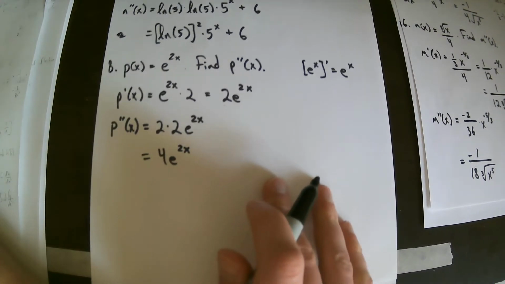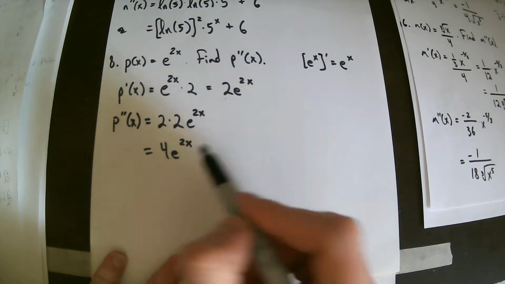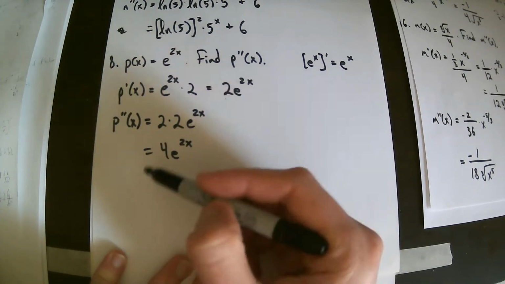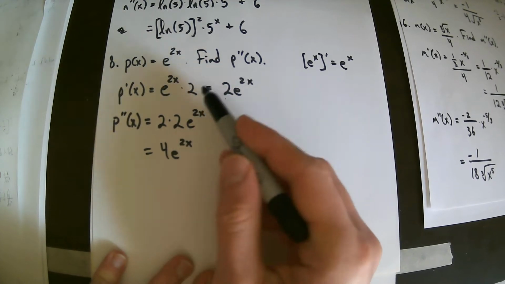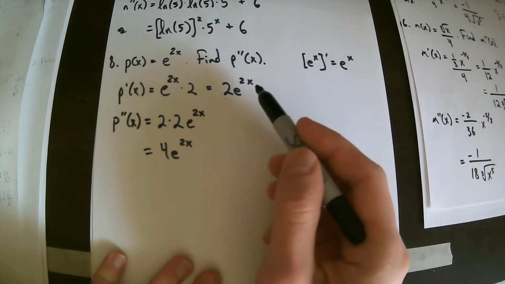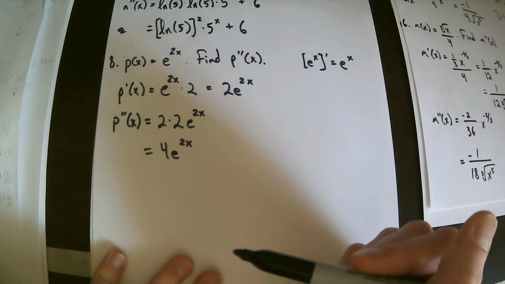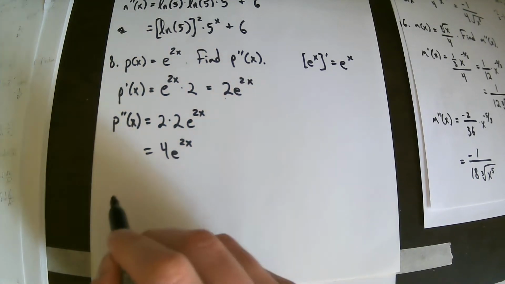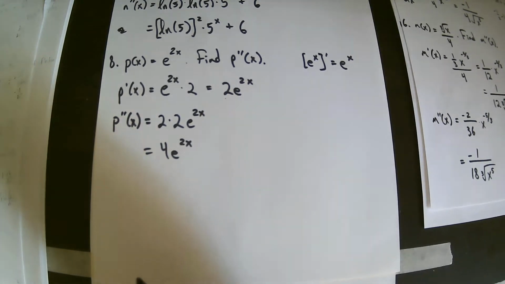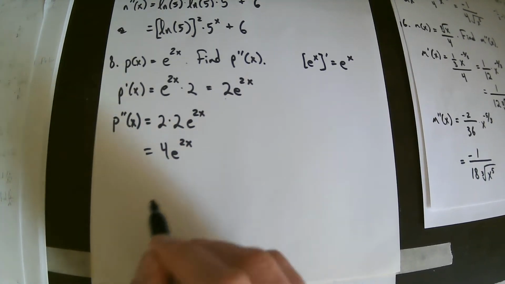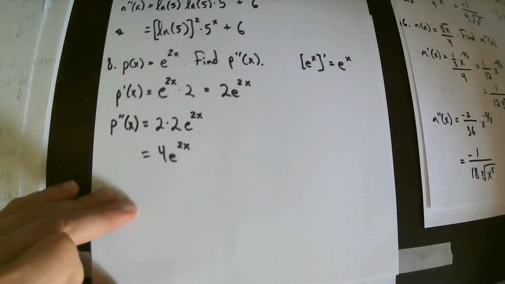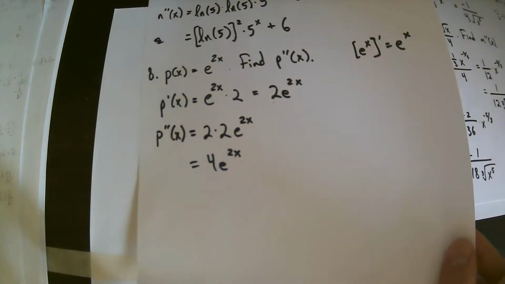So you can see that when you've got an e function with just a linear exponent, it's just going to keep dropping that number down each time you take a derivative. So if I took another derivative, I would have 8e to the 2x. And if I took another derivative, I would have 16e to the 2x. Okay, but we'll talk more about that later when we do higher order derivatives.